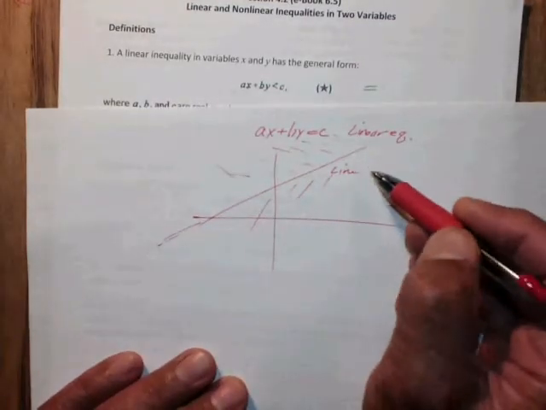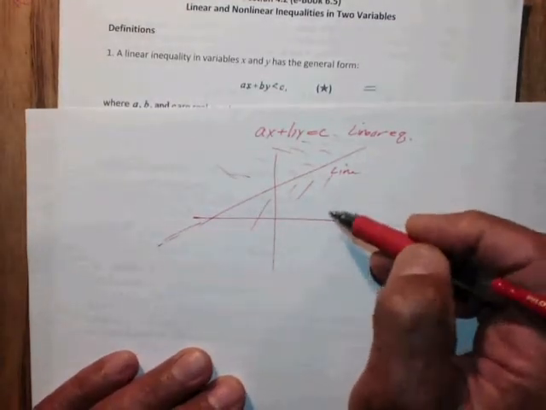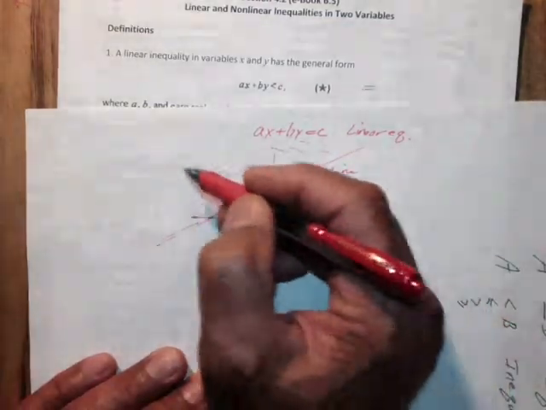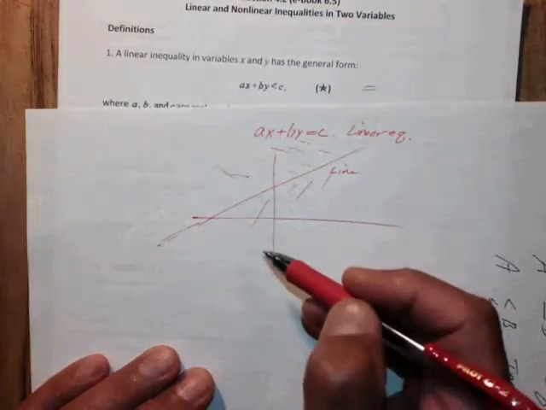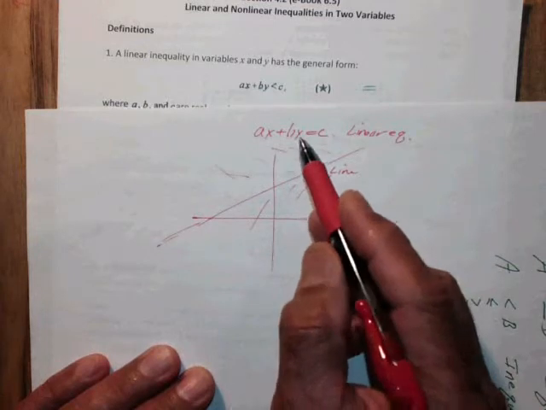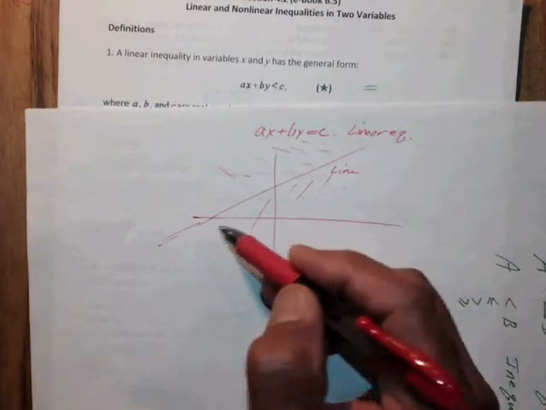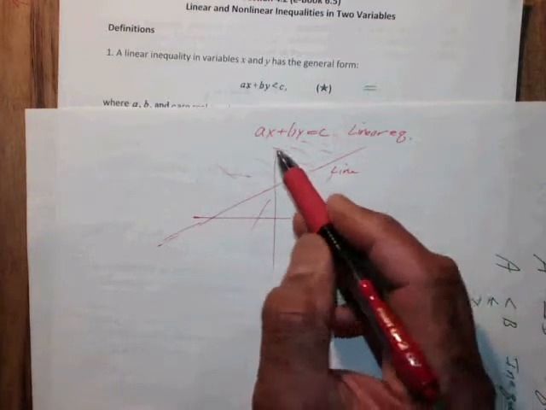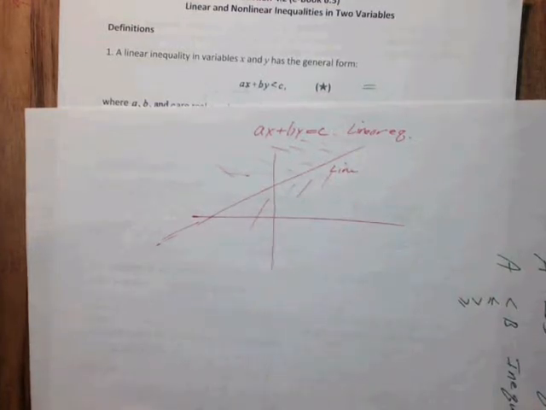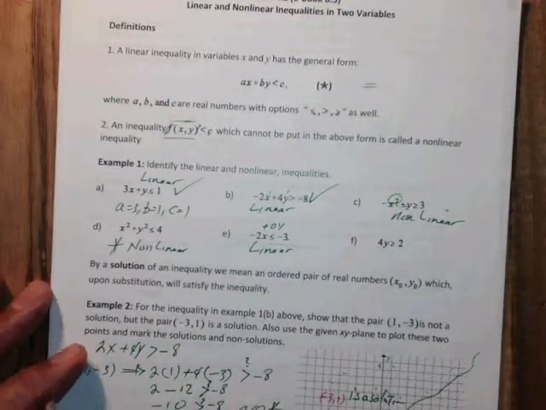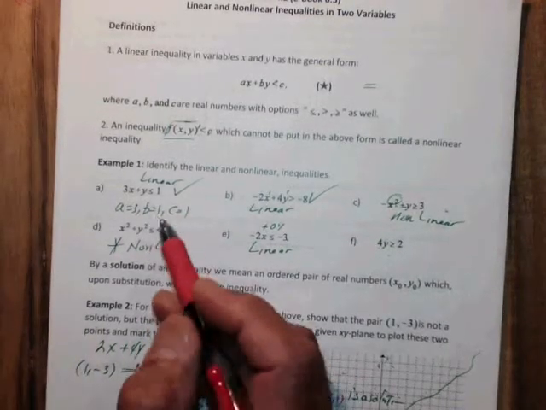It could be points to one side of the line compared to the other side. If we can get this line, then we can check which side would be the solution. We can show that to you later. But first, let's look at some examples of linear inequalities.